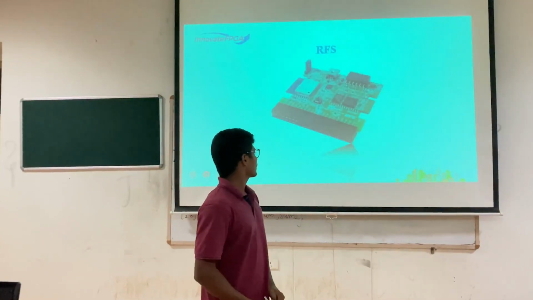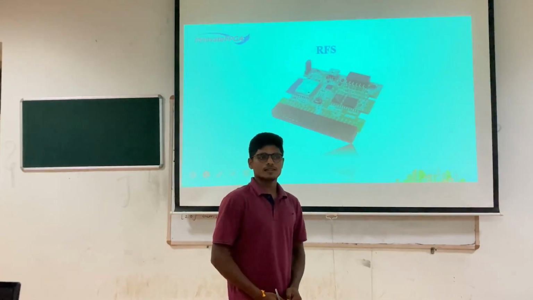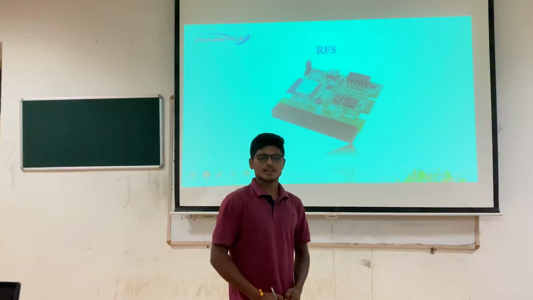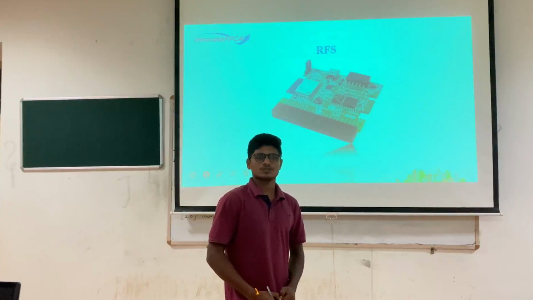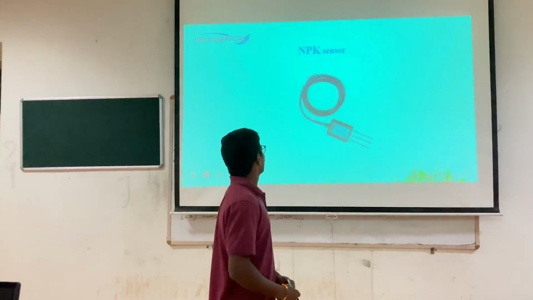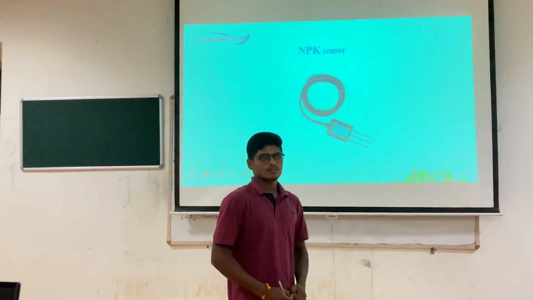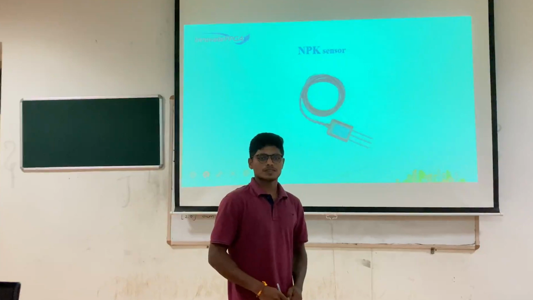On the daughter card, we collected all the sensor data. We mainly used temperature and humidity data from the atmosphere for displaying to the farmer on the website. The NPK sensor measures nitrogen, phosphorus and potassium, the main soil nutrients.